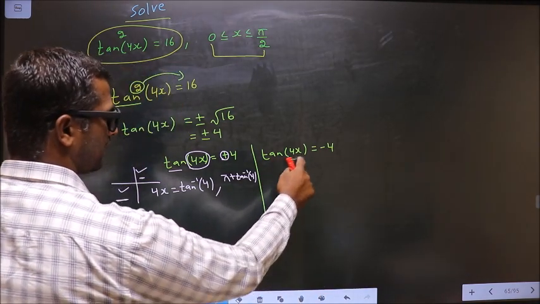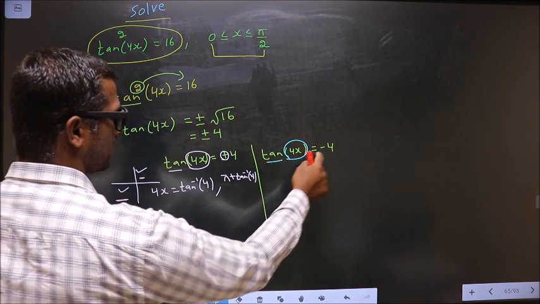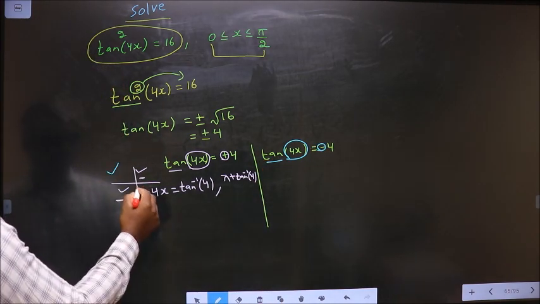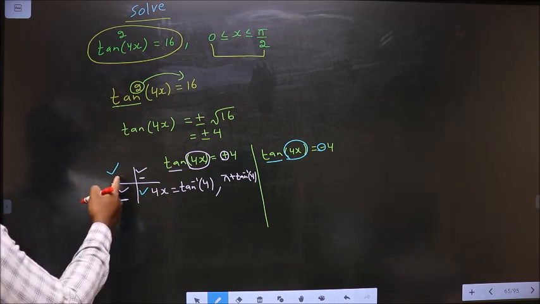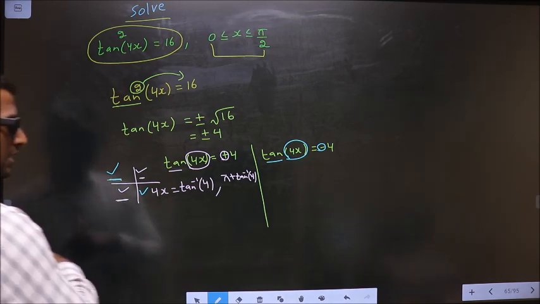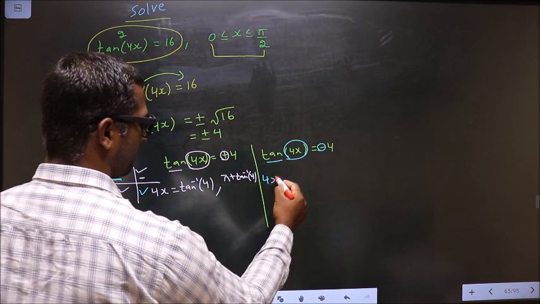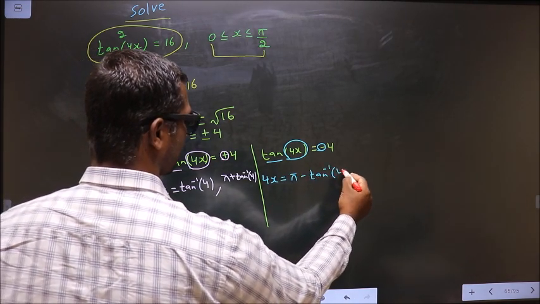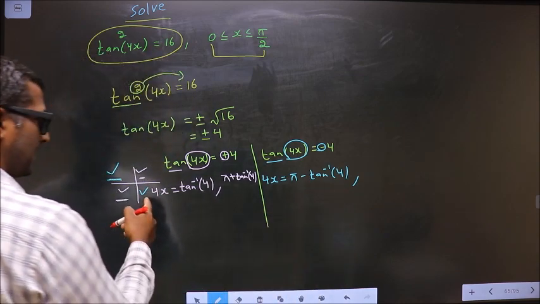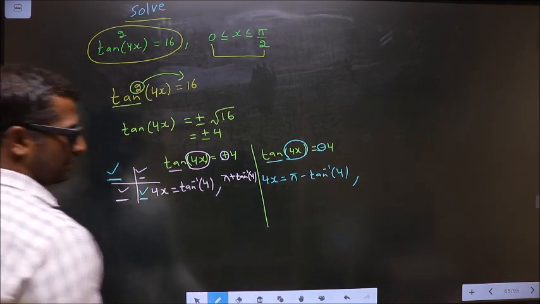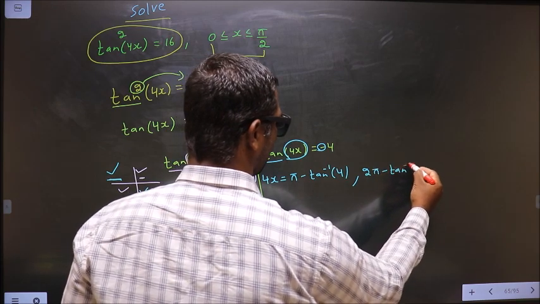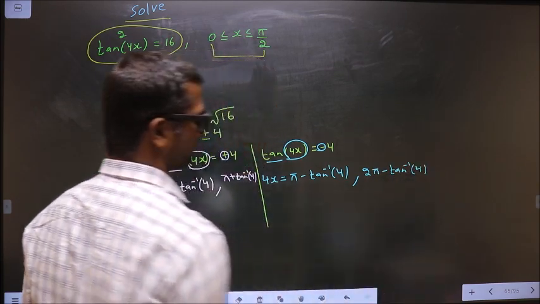Now here, to get the values for 4x, here it is tan and here it is negative. So tan is negative in the second and in the fourth. To get an angle in the second quadrant, we should do pi minus tan inverse 4. To get an angle in the fourth quadrant, we should do 2 pi minus tan inverse 4.